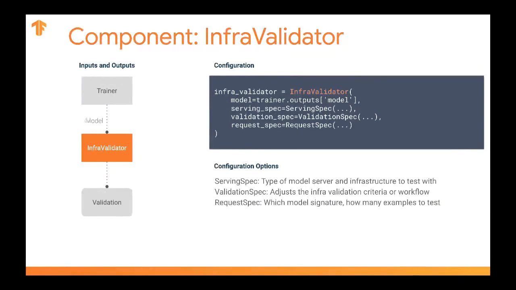InfraValidator checks to make sure that your model can be deployed to your production infrastructure. It will try to load the model, and it optionally will run examples against your model and make sure that it can actually be used.